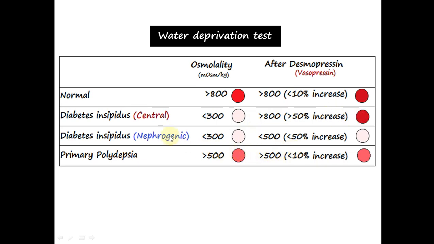While in nephrogenic diabetes insipidus, the increase will be less, because as it is unresponsive to ADH, it will also be less responsive to desmopressin, and there will be little increase in the osmolality. While in dipsogenic diabetes insipidus, previously it had normal ADH and it increased the osmolality. So even if we administer desmopressin, it will cause less than 10% increase in the osmolality of the urine, and in this way we can diagnose it.